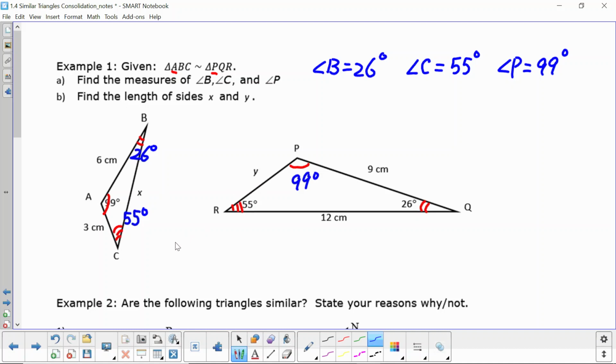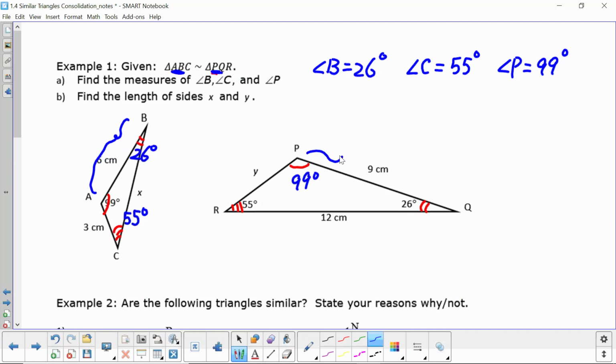It's hard for us to see which sides are corresponding, so we could use the first two letters. The first two letters are AB, and the first two letters of the other triangle are PQ.